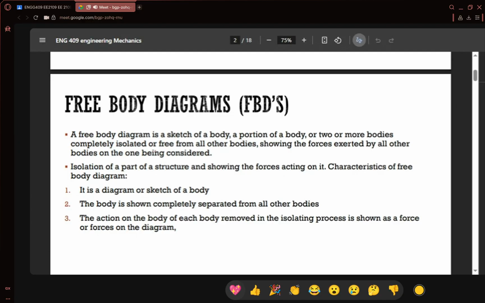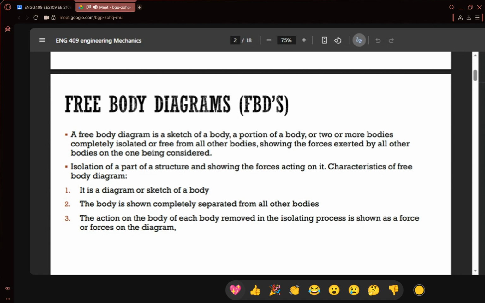A free body diagram is a sketch of a body or a portion of a body or two or more bodies completely isolated or free from all other bodies. So meaning if they are part of a larger system, they will be isolated for the free body diagram, and also showing the forces exerted by all other bodies on the one being considered.